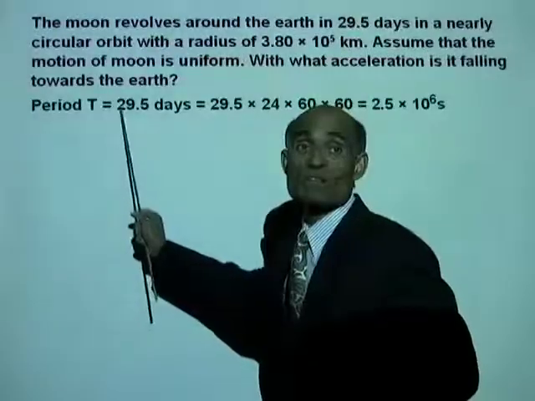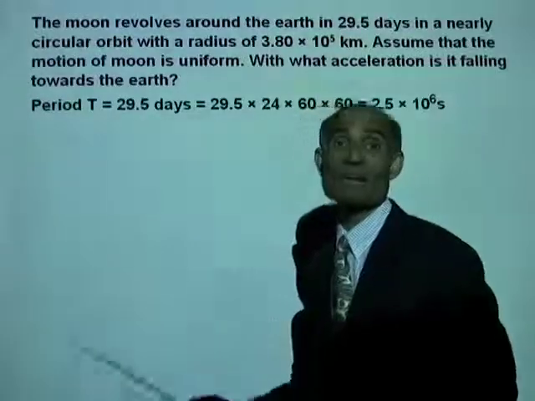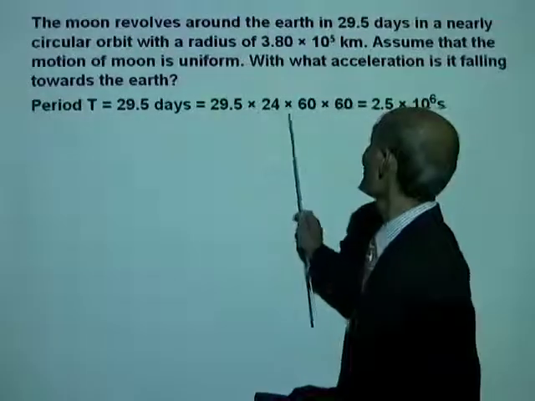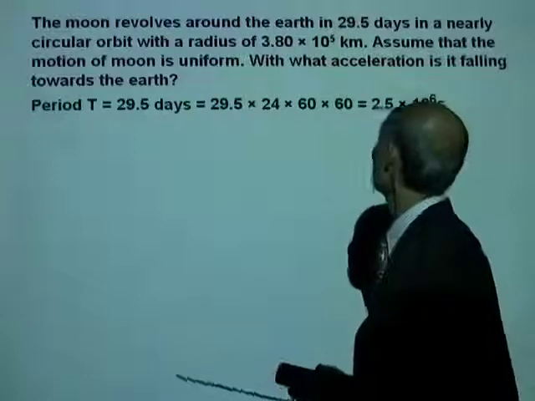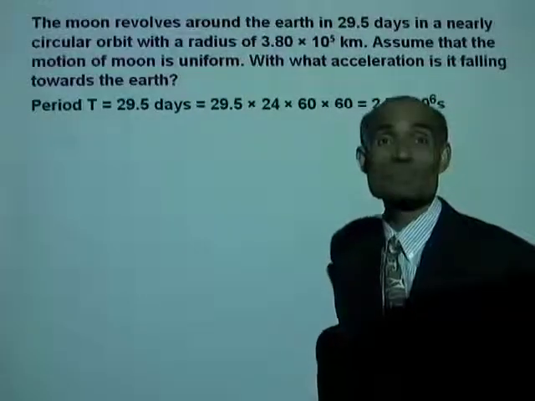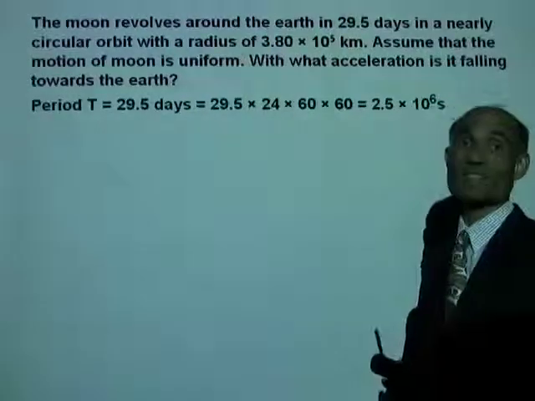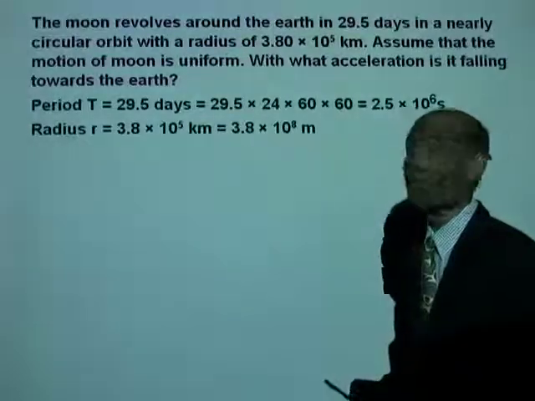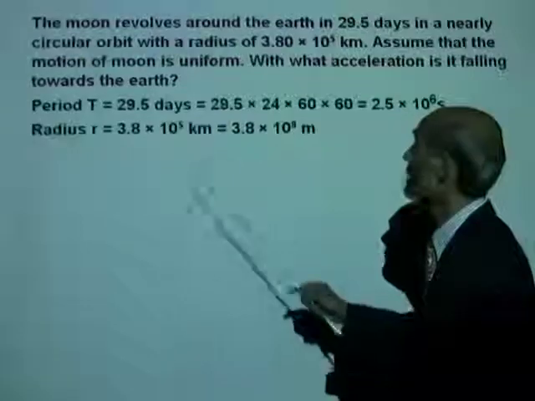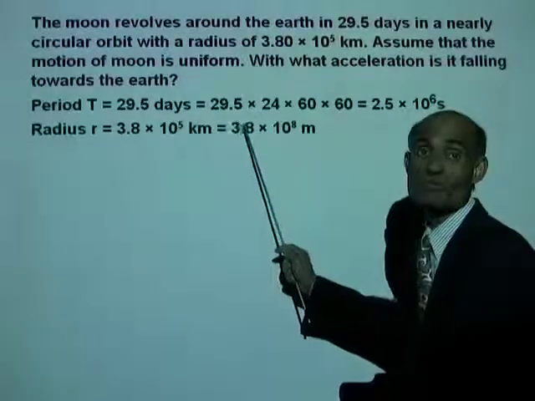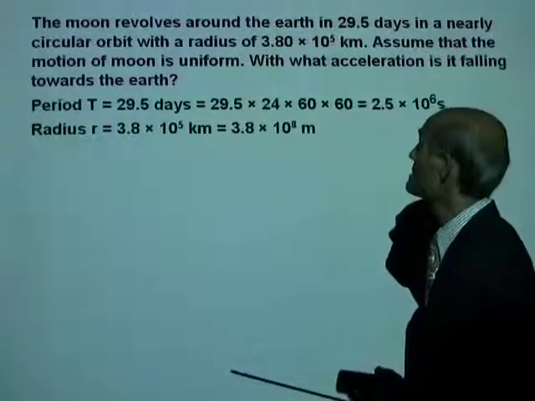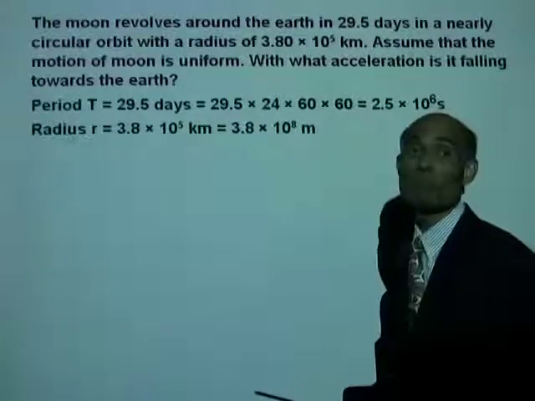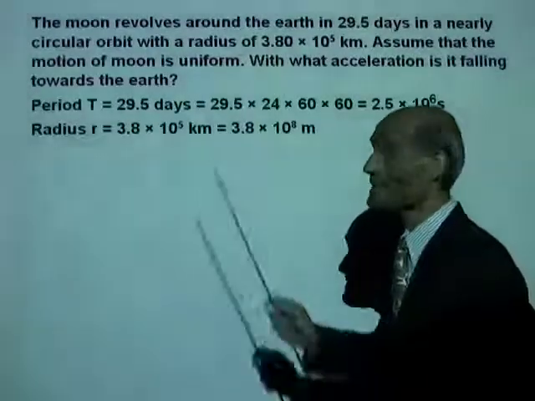The period is 29.5 days. Convert that to seconds. That is 2.5 times 10 to the power 6 seconds. And the radius is 3.8 times 10 to the 5 kilometer. Convert that to meters: 3.8 times 10 to the 8 meter. Those are the data we know.